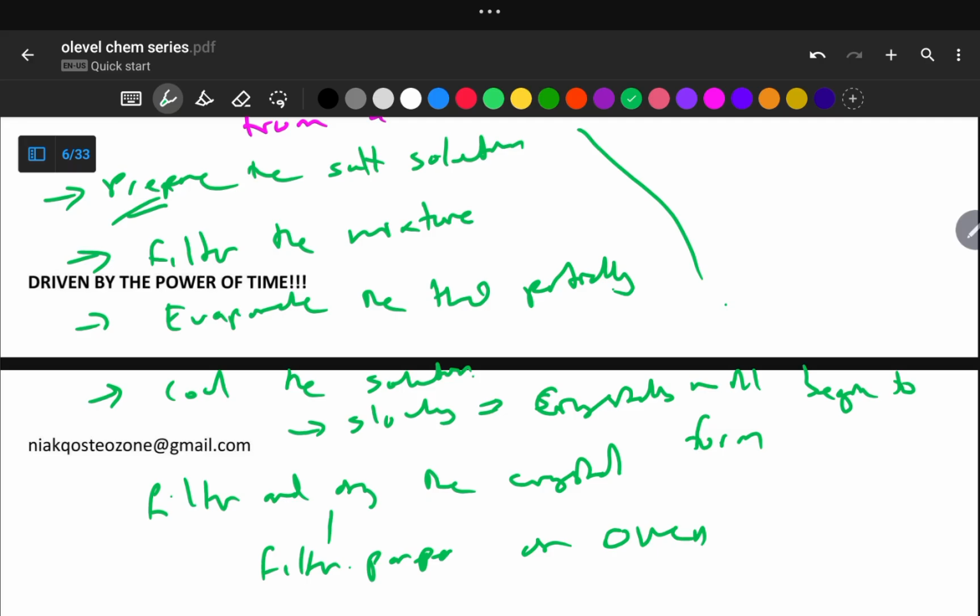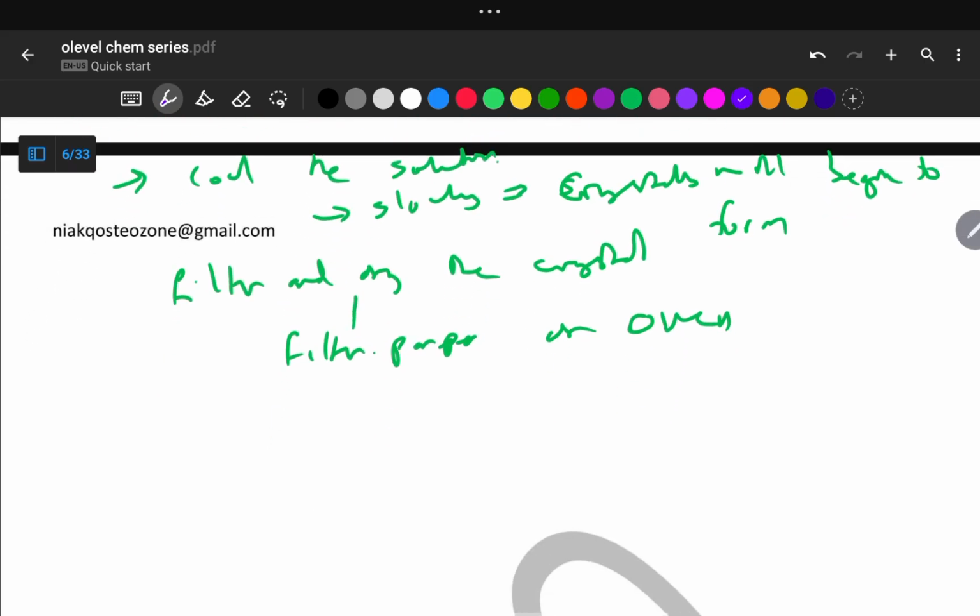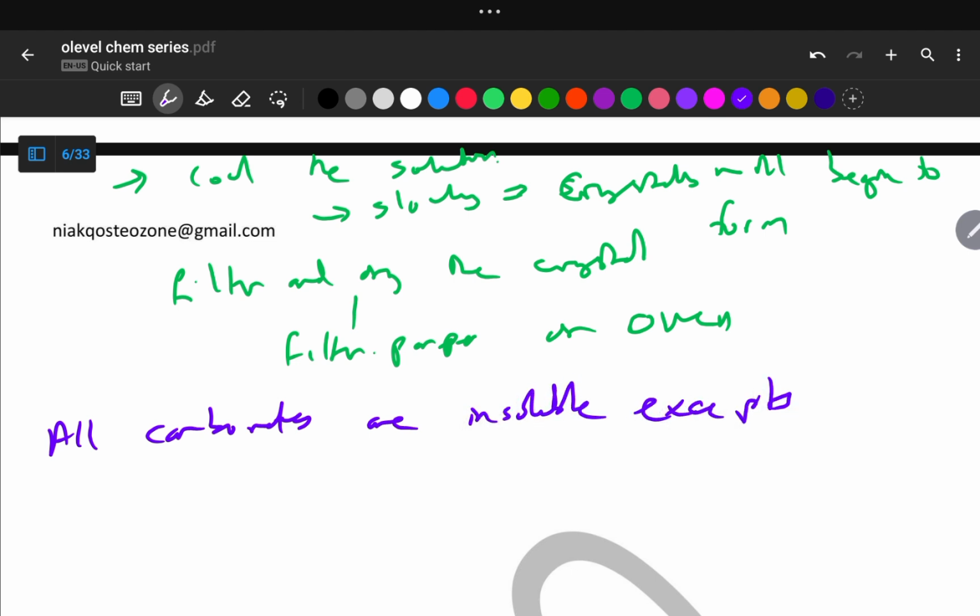And then lastly, we want to explain the important aspects of the salts. All carbonates are insoluble except for the group 1 carbonates and those of ammonium, I'm going to say ammonium carbonate, right?